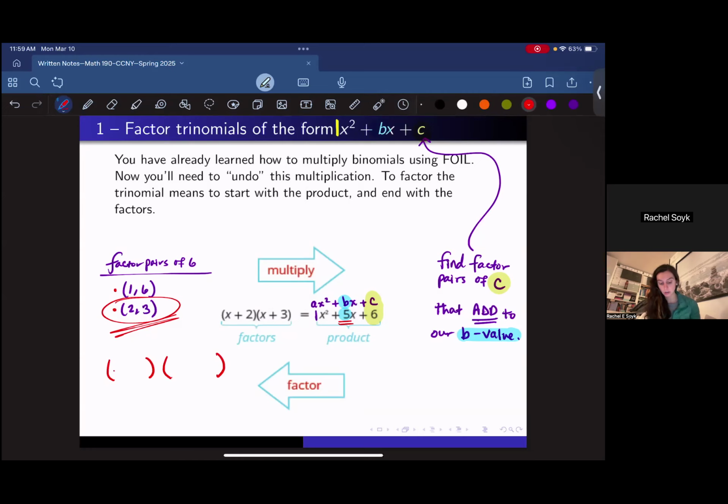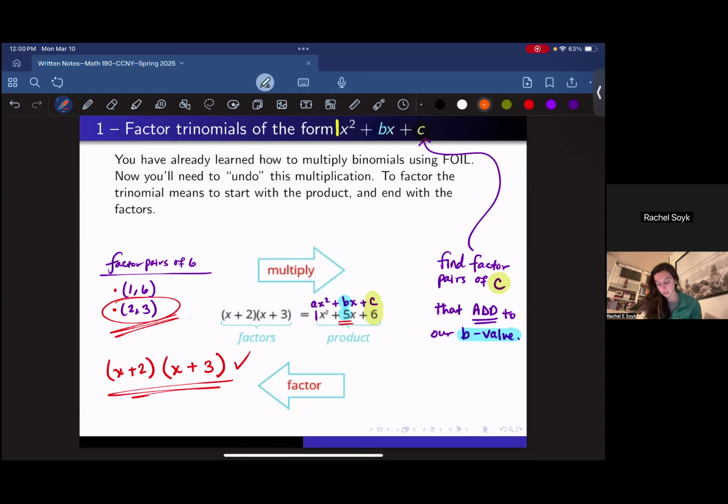If you're dealing with your variable x, you are going to have parentheses x, close parentheses, parentheses x, and then the operations might change. But once you identify your factor pairs, you're just going to fill that in. So this is going to be a 2. This is going to be a 3. We know the 2 is positive. We also know the 3 is positive. And we're done.